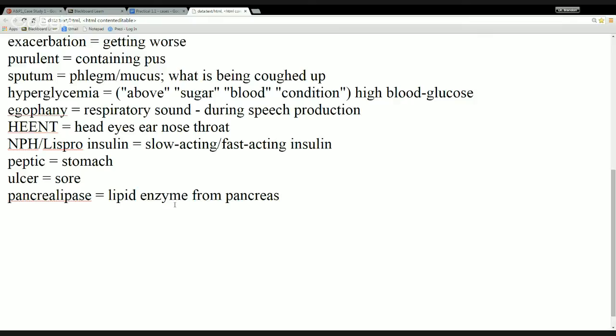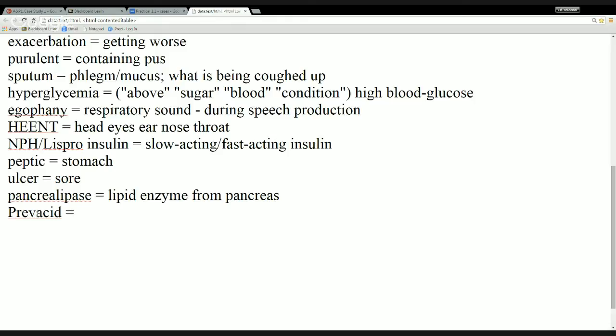Okay, so we covered the insulin things. And then now that we've gone back and picked up on pancreolipase, the next thing is Prevacid. This is a trade name, a brand name, of a particular drug.